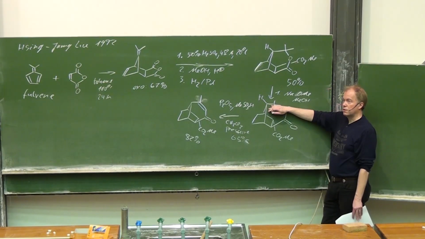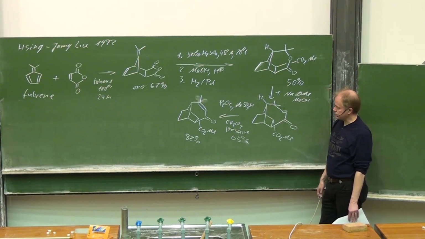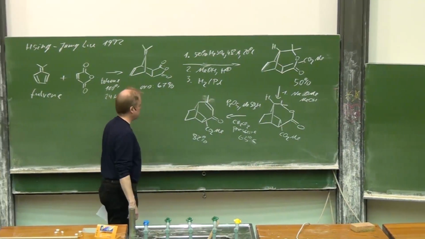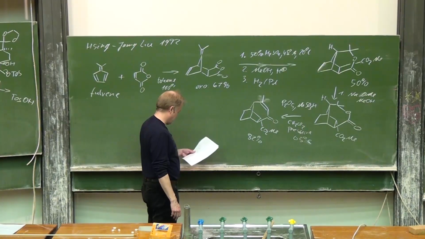Well, in this case, I think you would call that an ene reaction. Okay? If you figure out the mechanism in detail. But I think one can rather easily understand this type of reaction, and it works indeed very well.